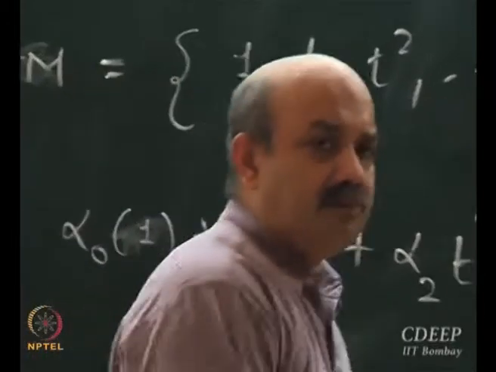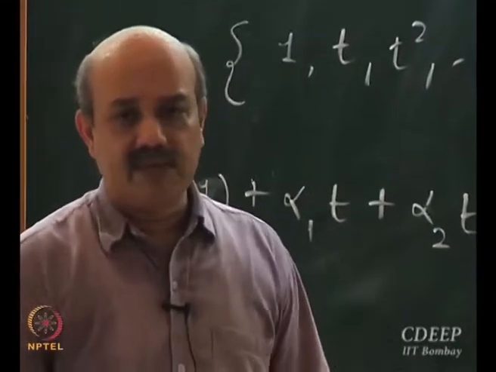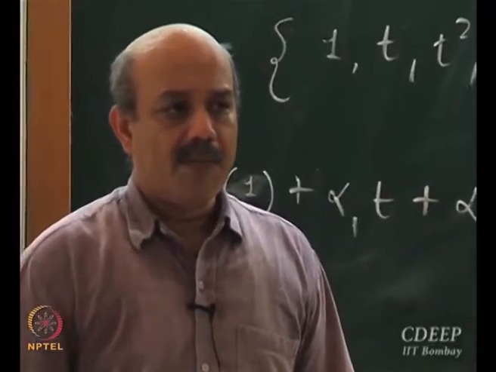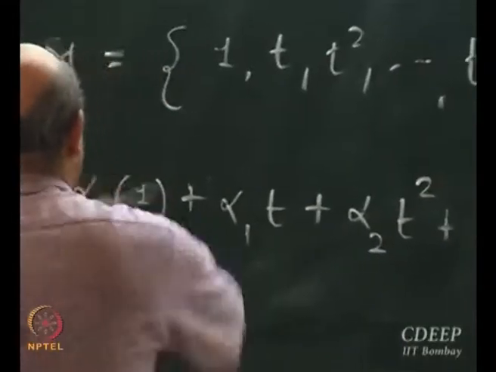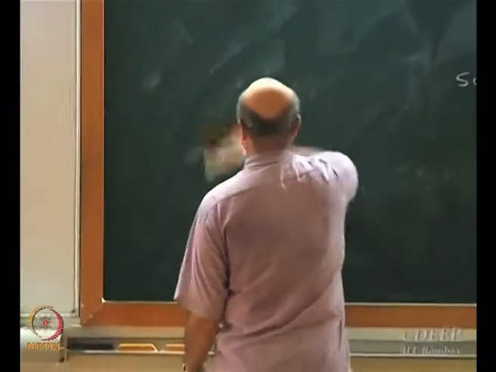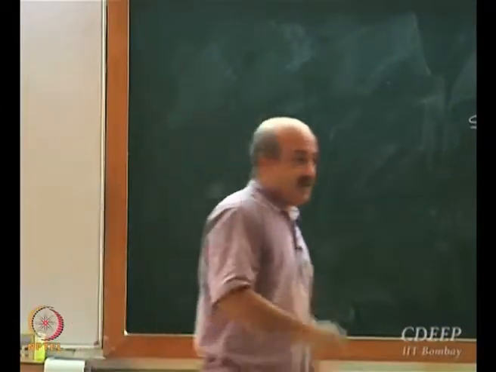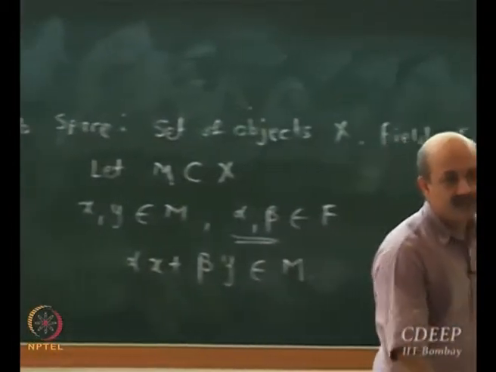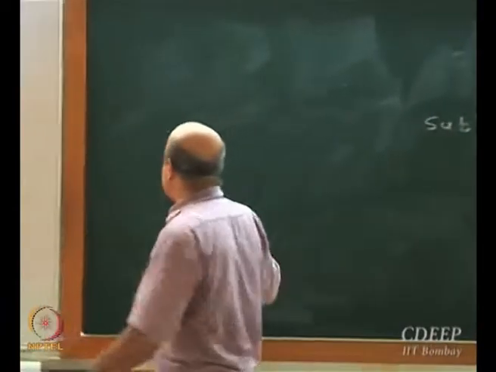I'll give you another example of a subspace. Can you think of a subspace for n cross n matrices? You understand these concepts only if you understand these examples, because just writing this definition is too abstract. Unless you associate with some real examples, it's not possible to understand them.